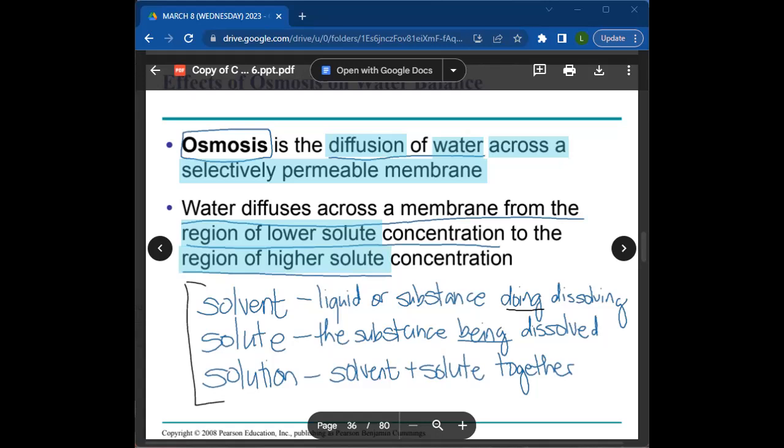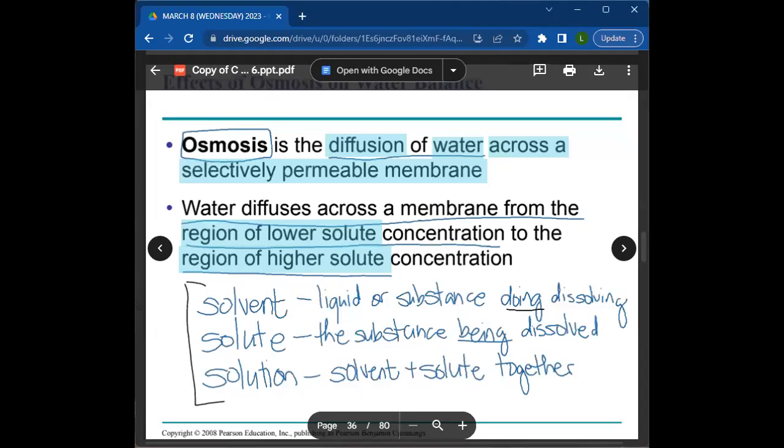Then what you need to know is that a solute is a substance that is being dissolved. So for example, sugar could be a solute, sodium could be a solute. I mean, any kind of ion, potassium, glucose, those are all solutes. Solutes are substances that are being dissolved.